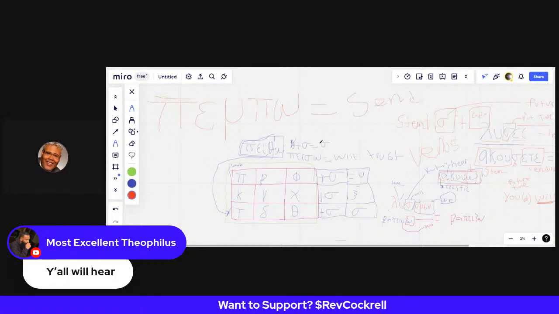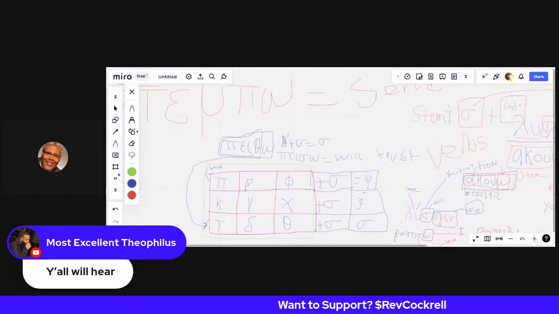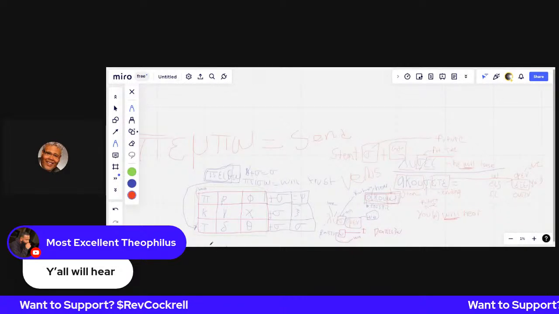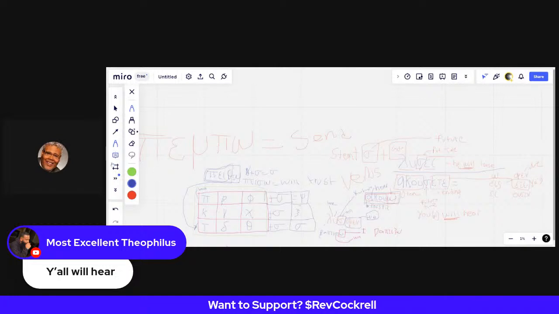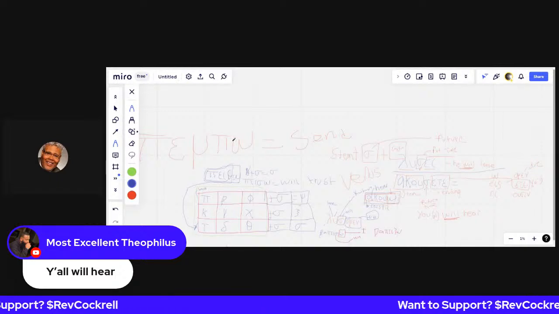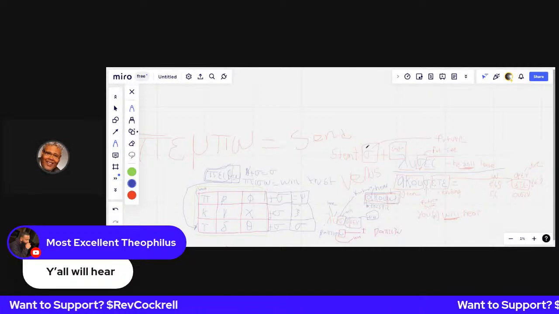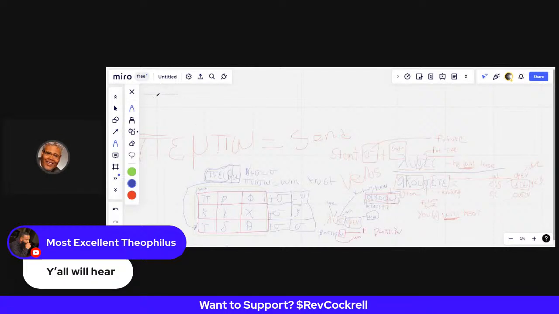I send. So pempo is I send. This is a present tense, so there's nothing but the ending. If I wanted to make this I will send, you're going to have to add a sigma, right? So notice what happens.